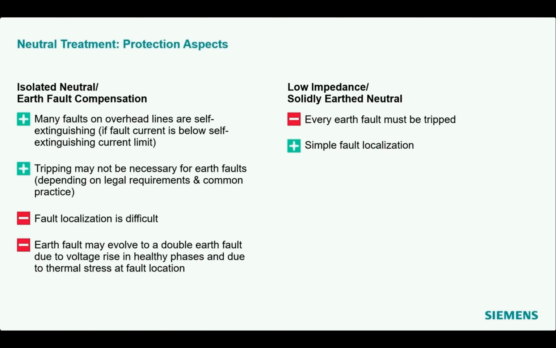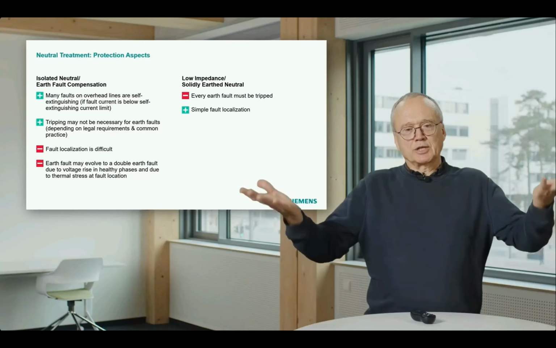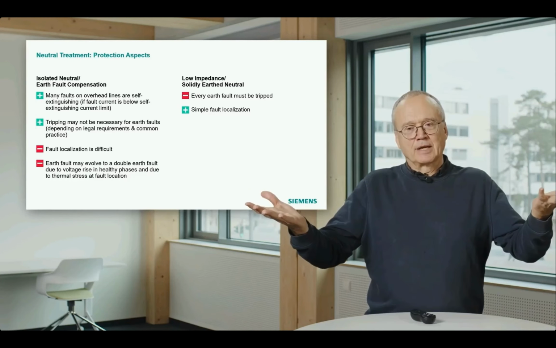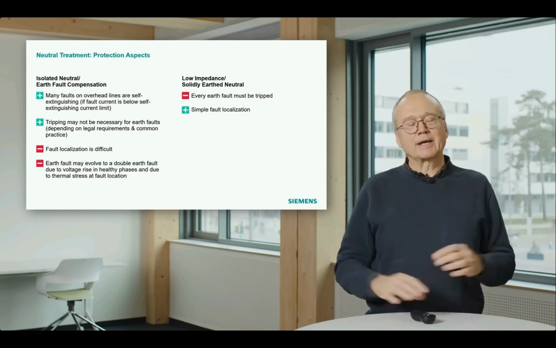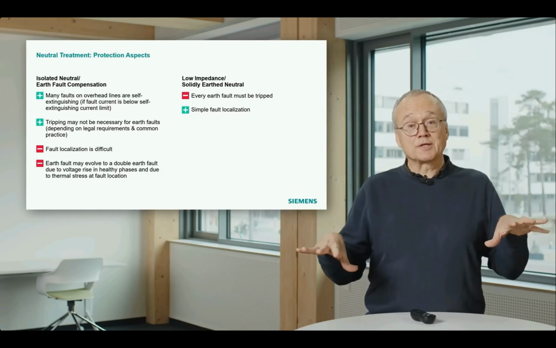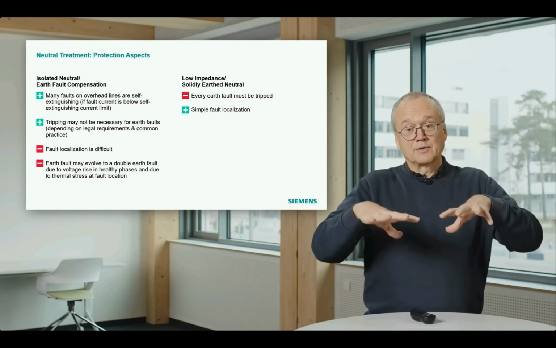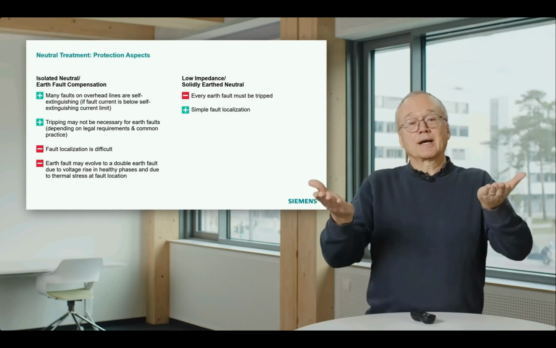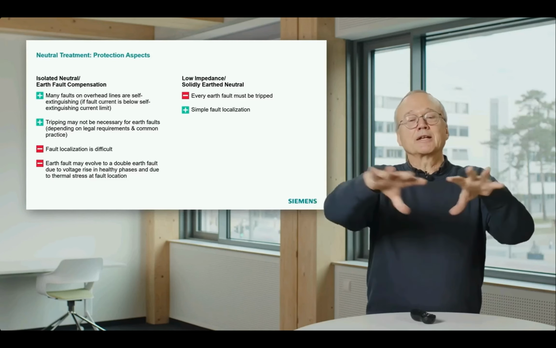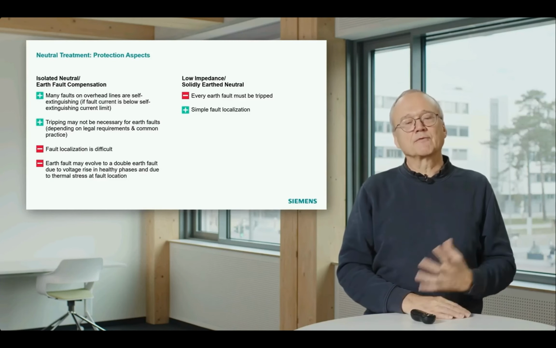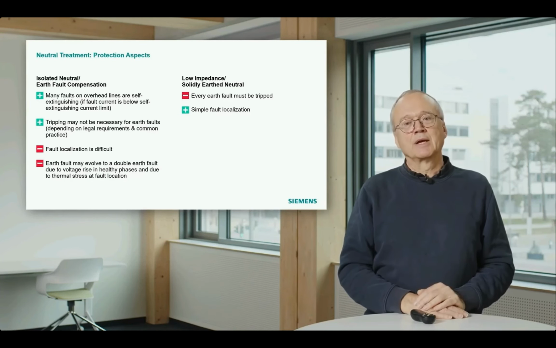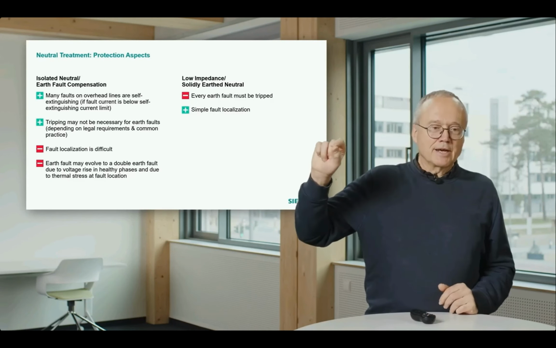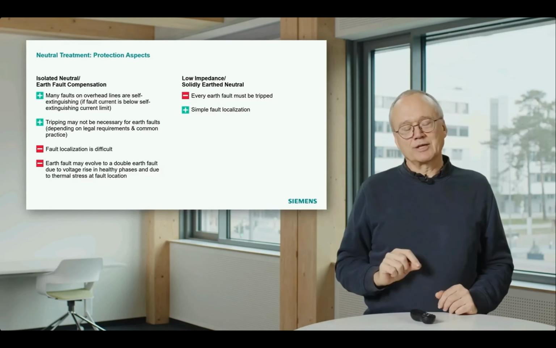And the other thing which can happen, remember, if you have an earth fault and you continue operation, the voltage in the other phases rises. And that refers to the whole system: everything which is galvanically coupled has a voltage rise in the other phases. If somewhere in the system there is a weak point in the insulation, you may get another fault at another location.